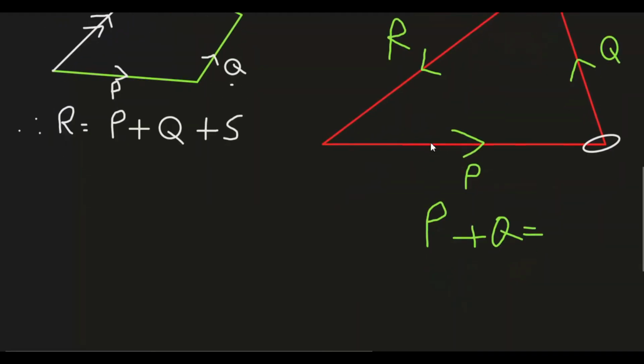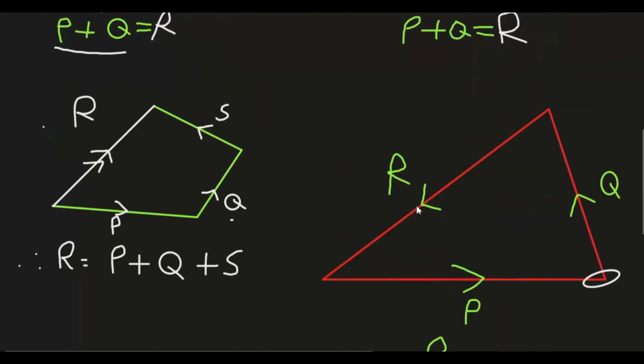So what do I mean by negative direction? Well, if this vector is R, then a vector drawn in this direction will be minus R, because these are of the same length and the only difference is the direction.